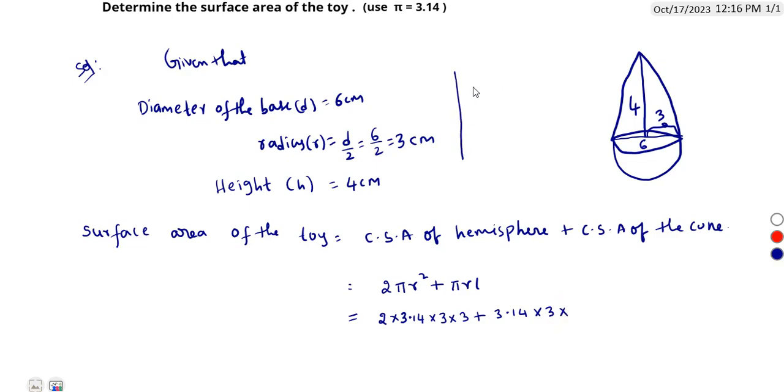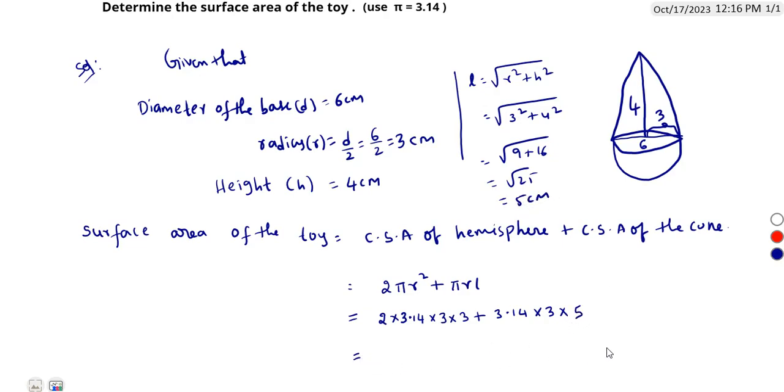Slant height l equals under root r square plus h square, radius 3 square, height 4 square. So 9 plus 16, root 25, which is 5. Slant height 5 centimeters, so into 5. 3.14 is common. Remaining 2 3s are 6, 6 3s are 18, plus 3 5s are 15.